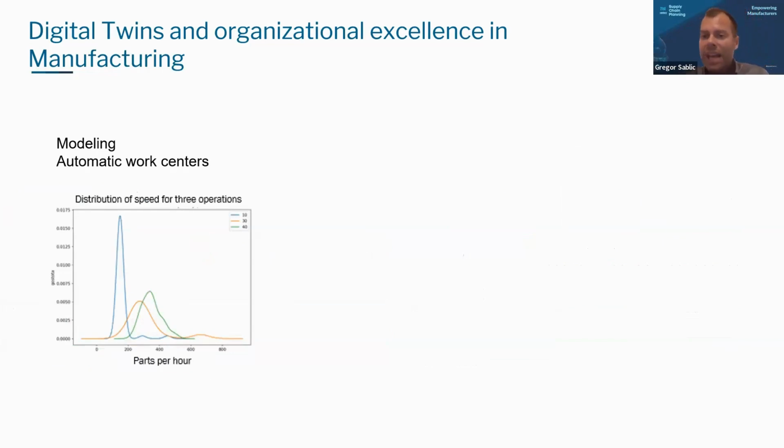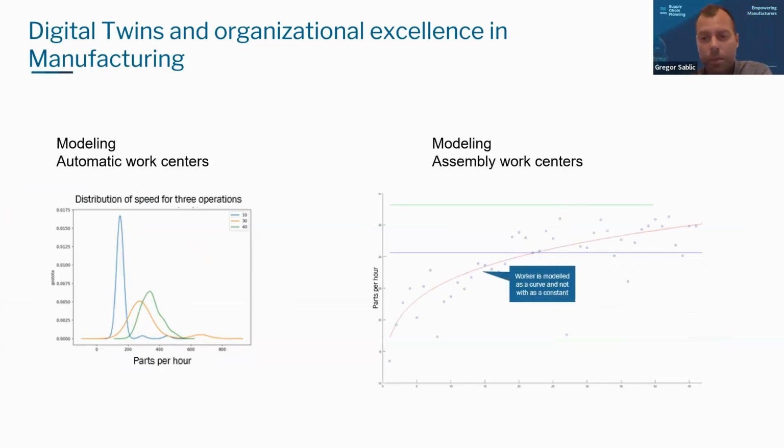What the digital twin also enables us is to model automatic work centers. So, for instance, behind these models are injection molding machines. And we can see a clear distribution of speed for 3 different operations. On the other side, we are also able to model assembly work centers.